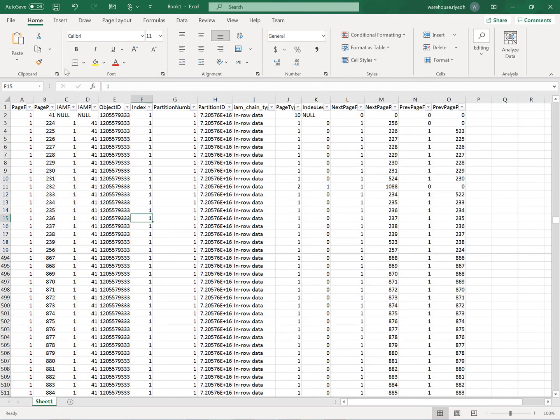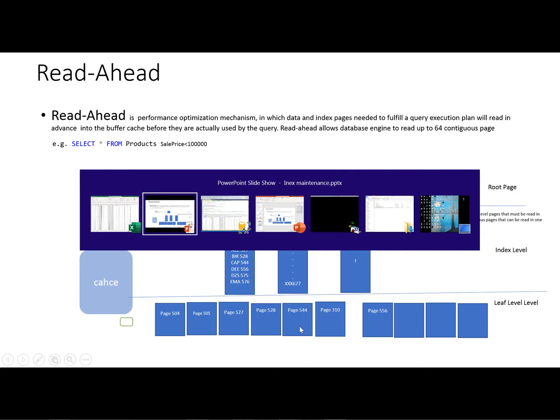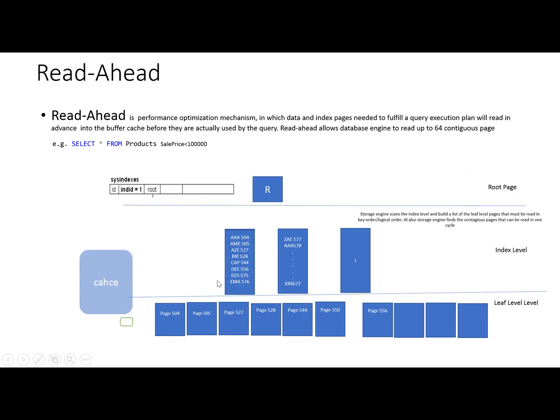In this Excel I copied the index data here. Now, regarding the read ahead we have discussed, the storage engine will go through the root level, then traverse down to the intermediate level, and it will start fetching the index pages which are required to pick the leaf level data pages to fulfill the requirements of the queries.